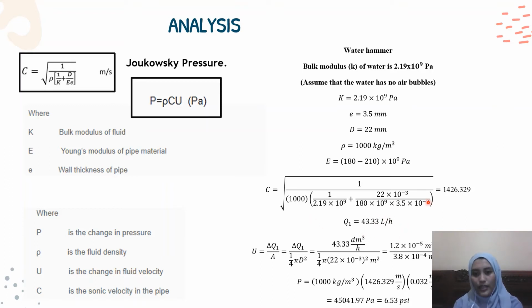We input this into the Joukowski equation, and we found that the pressure difference is around 6.5, which is close to the actual result from the experiment, around 7 psi. So we can say this is almost accurate compared with the actual one.